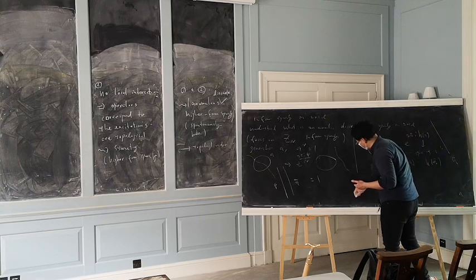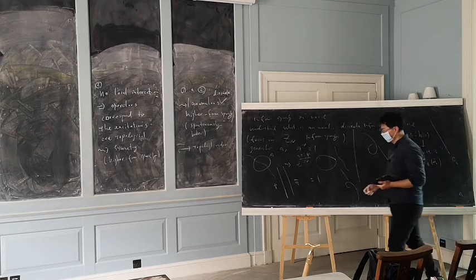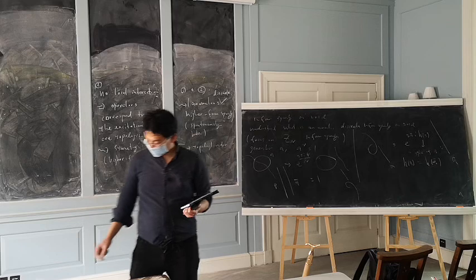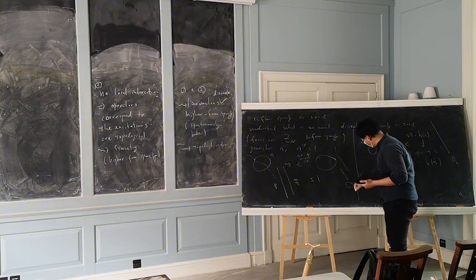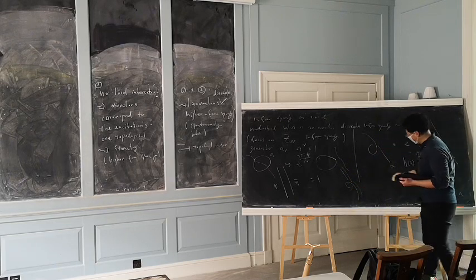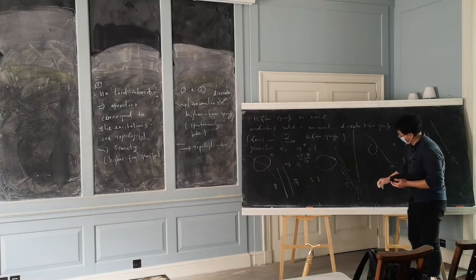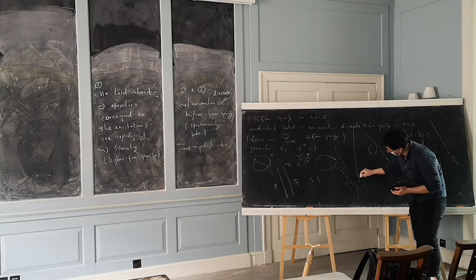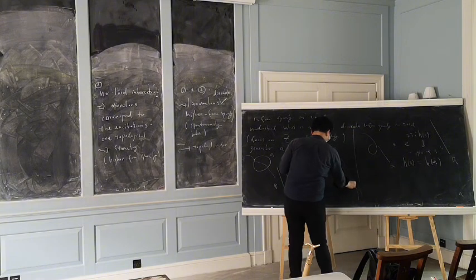I'm not sure how to draw it, but you can try to twist this strip, and then you'll find that there's a linking between A with itself, with A bar.